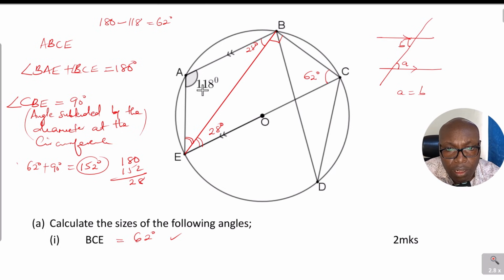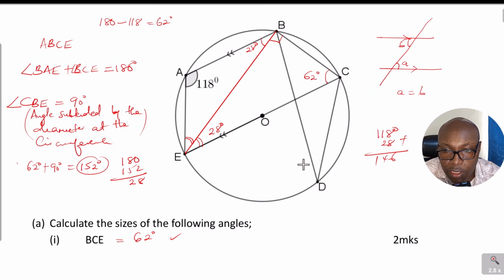Now having that, look at this triangle ABE. In triangle ABE, we have two angles, so we can get the third angle, which is the required angle. So we have 118 plus 28 plus 28, that will give 146.